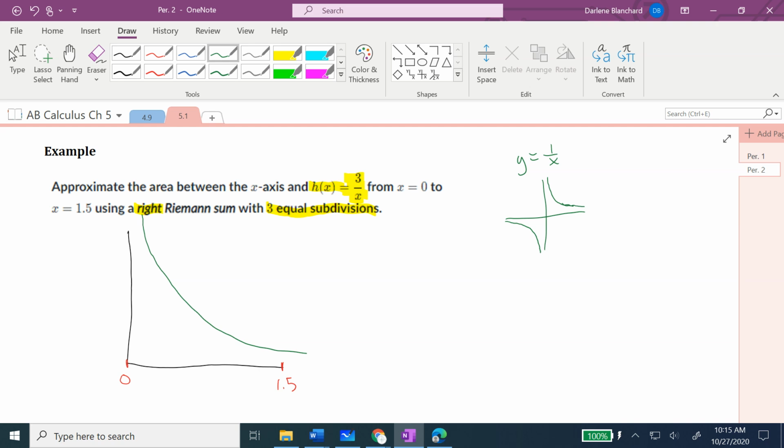And it's one of those functions who can say, I am my own inverse. Thank you very much. Anyway. Now, knowing that this asymptotes at 0, you can be grateful that it said right Riemann sum.